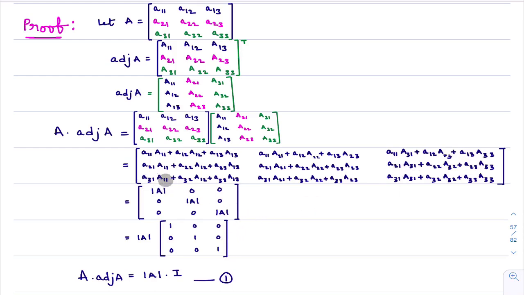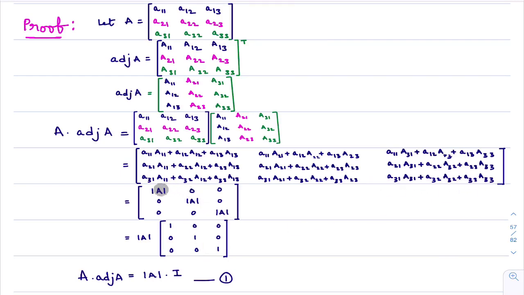See A31, capital A11, these two are different, so this will be 0. Sorry, A31, A21, this is 21. They are different. As they are different, you will get 0. You see here, A31, capital A31, A32, capital A32, A33, capital A33. So this is matching, so we know that this is det A.